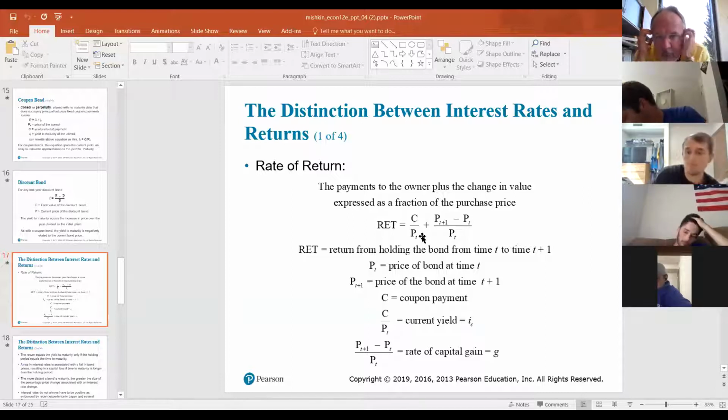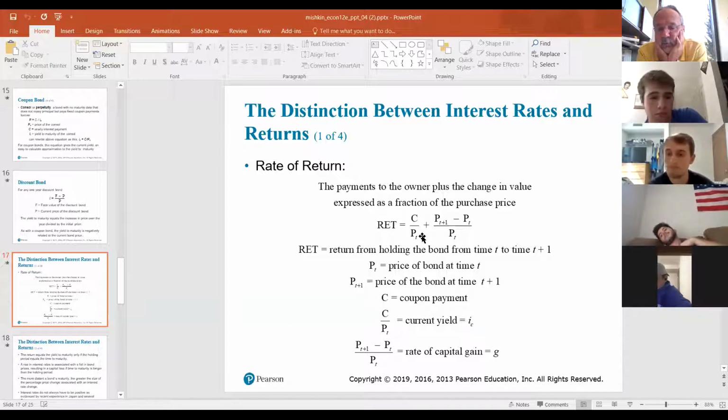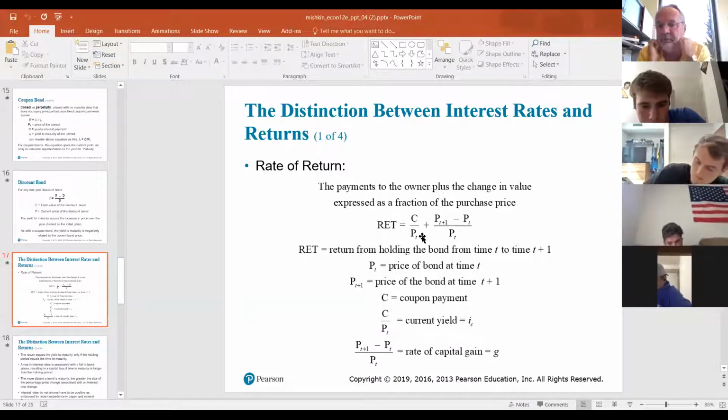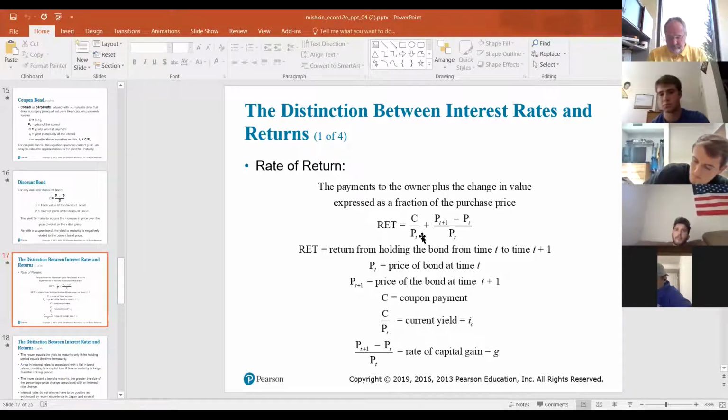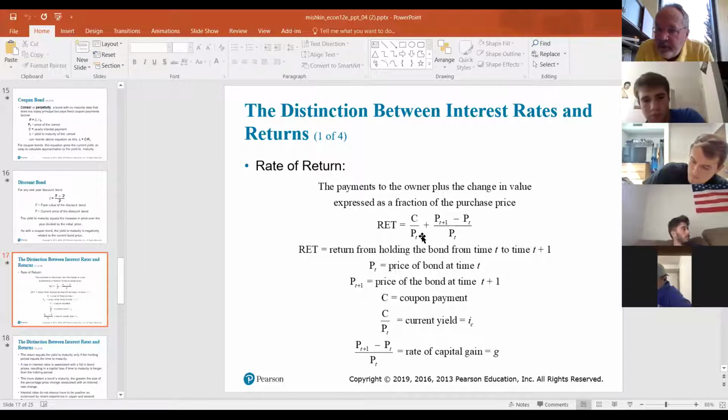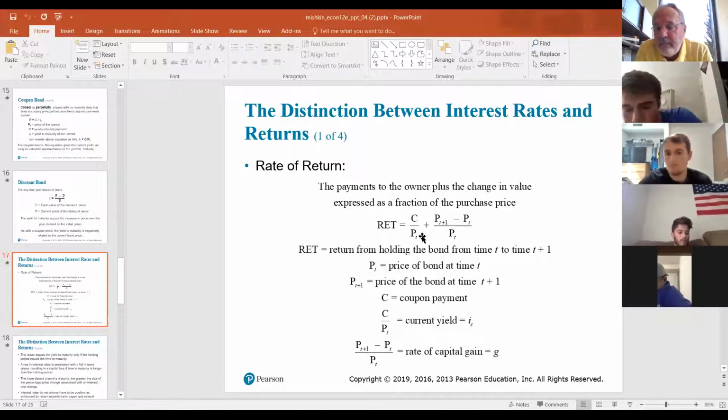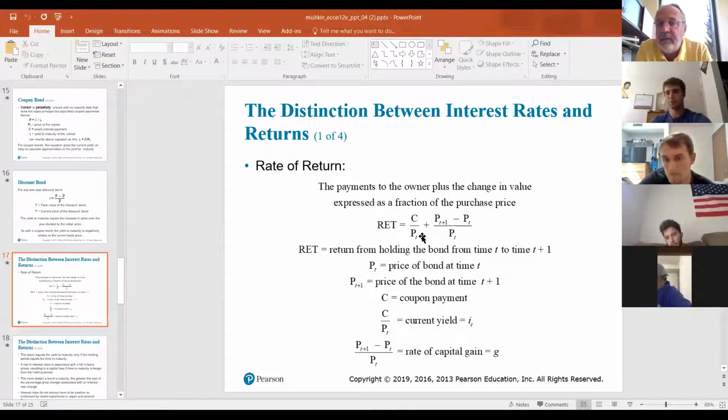Does that make sense for everybody? Current yield is equal to the coupon divided by the price, and capital gains is the new price minus the old price divided by the old price. So for this dude that bought this bond, he made 30%. 10% in a coupon and 20% in capital gains.